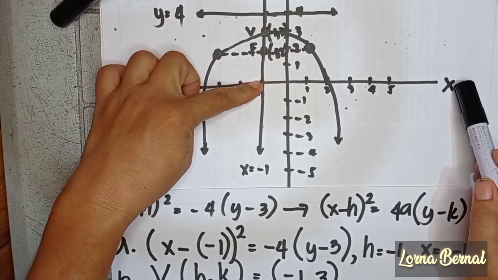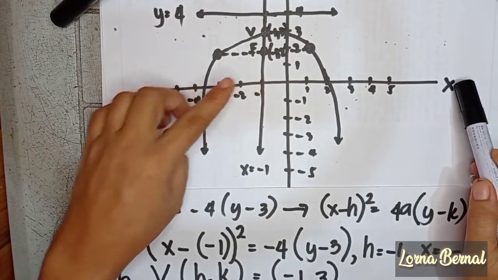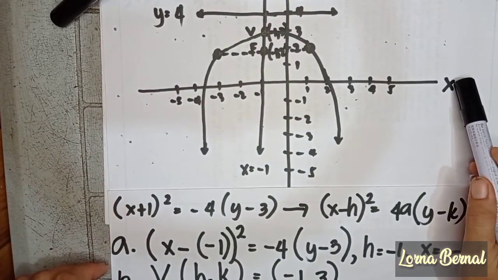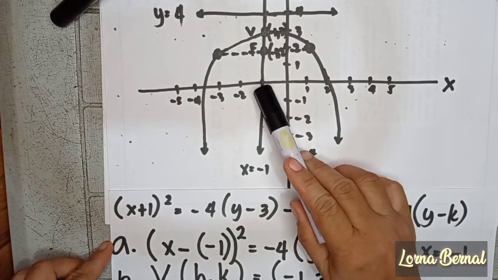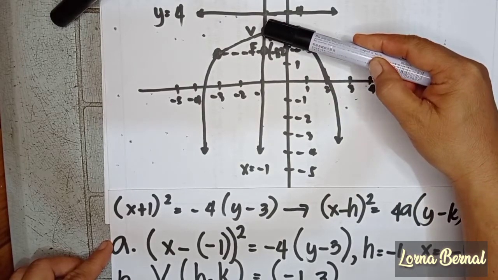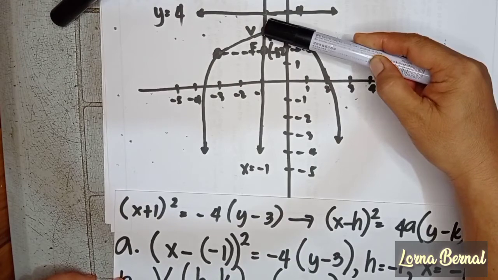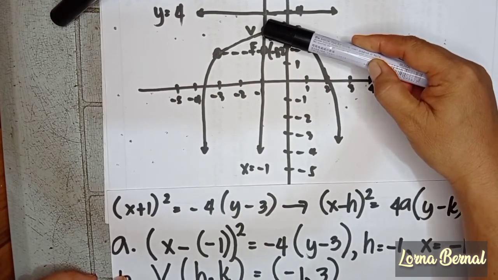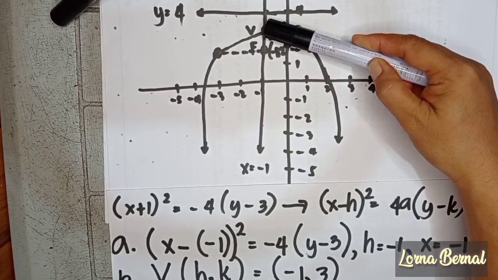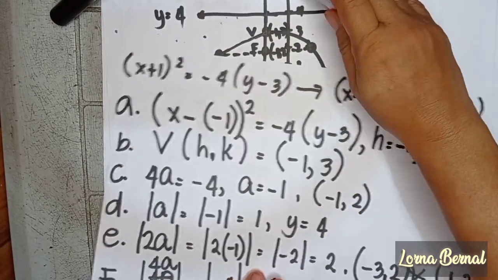Then the vertex of the parabola is (−1, 3), so −1 and then positive 3. That is the vertex. Next is the focus. The focus is (−1, 2), so the focus is here.